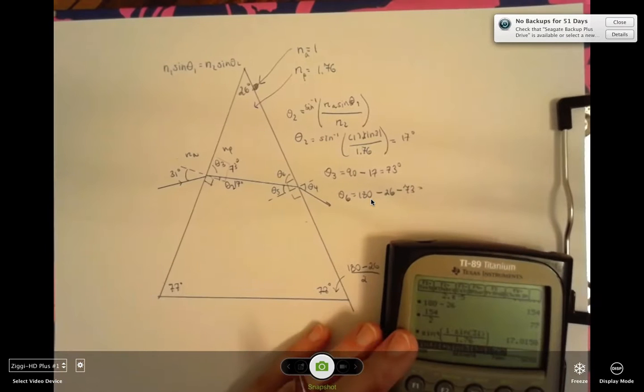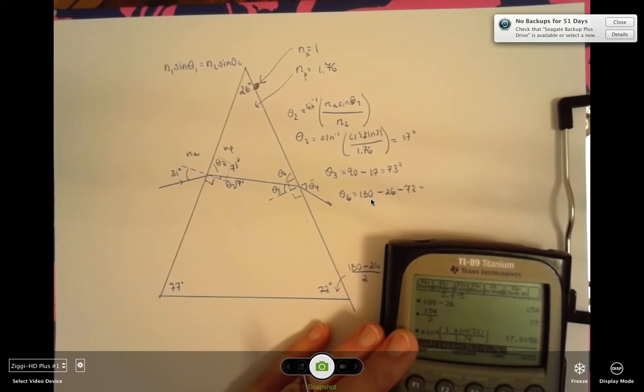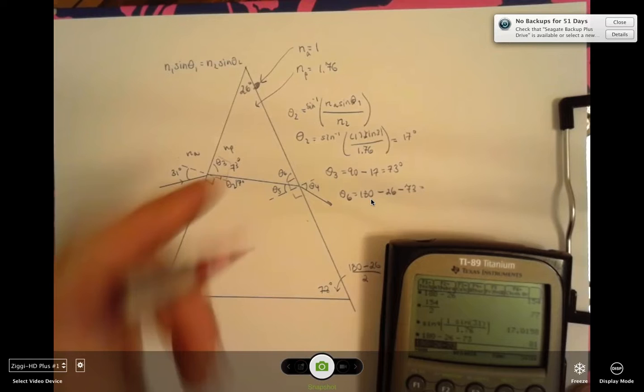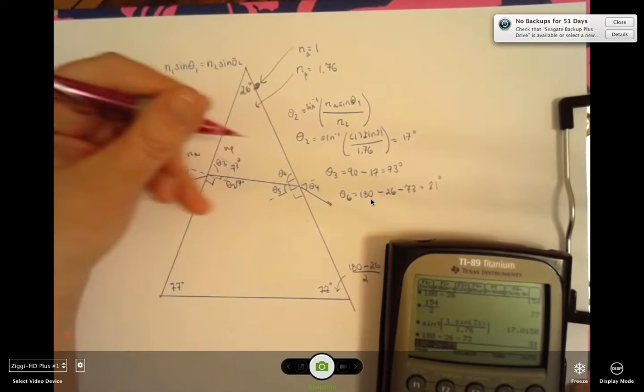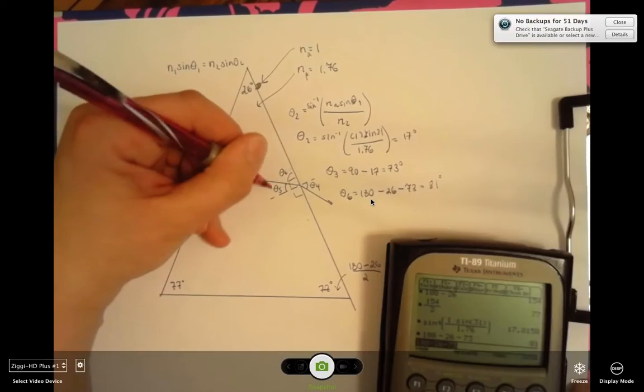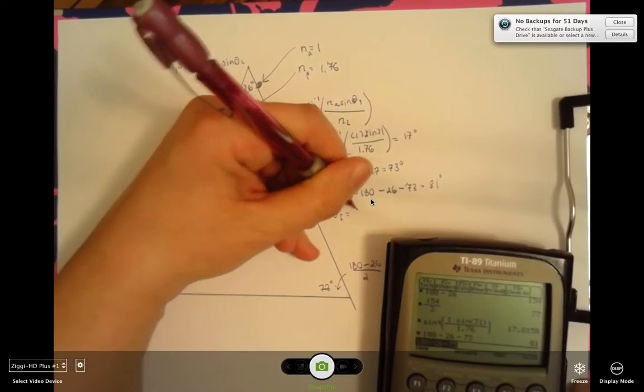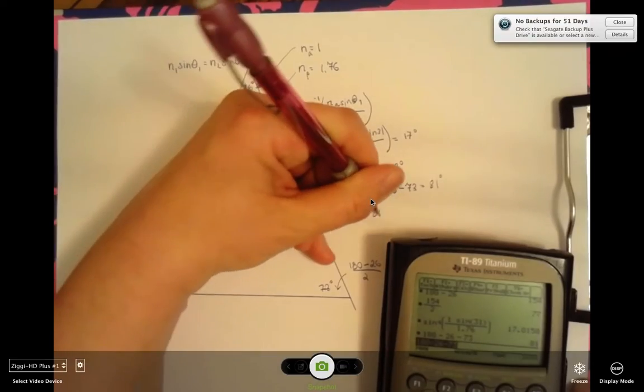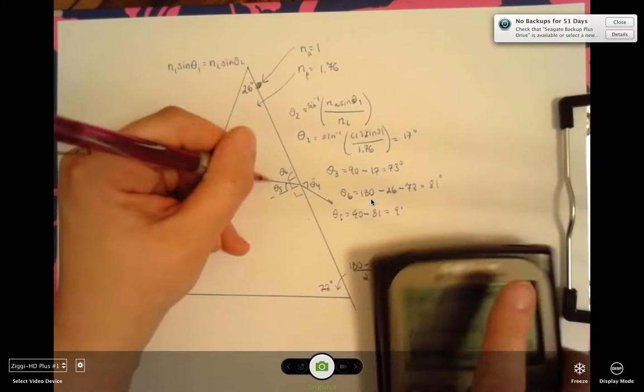Are we going to quite make it? Yes, okay, so 180 minus 26 minus 73 is 81. All right, so it's a really big angle, but it's in there somewhere. If this one is 81, then 90 minus 81 is theta 5. So that's 90 minus 81 equals 9 degrees is theta 5.